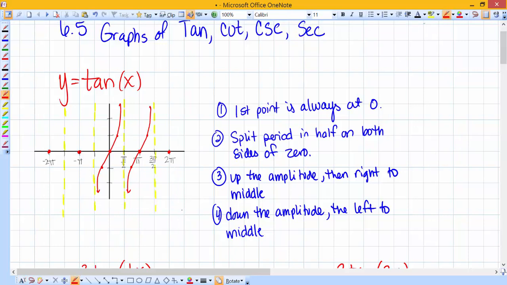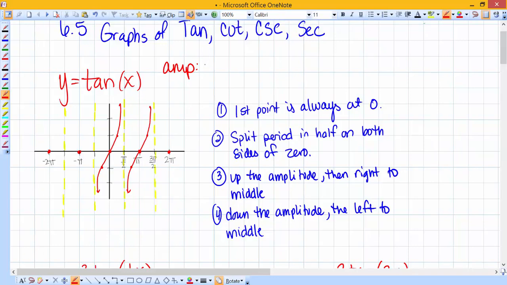If we remember from when we were talking about the periodicity, I can never say that word, how periodic tangent and cotangent, sine and cosine are. Sine and cosine are periodic every 2 pi. Tangent and cotangent are periodic every pi.